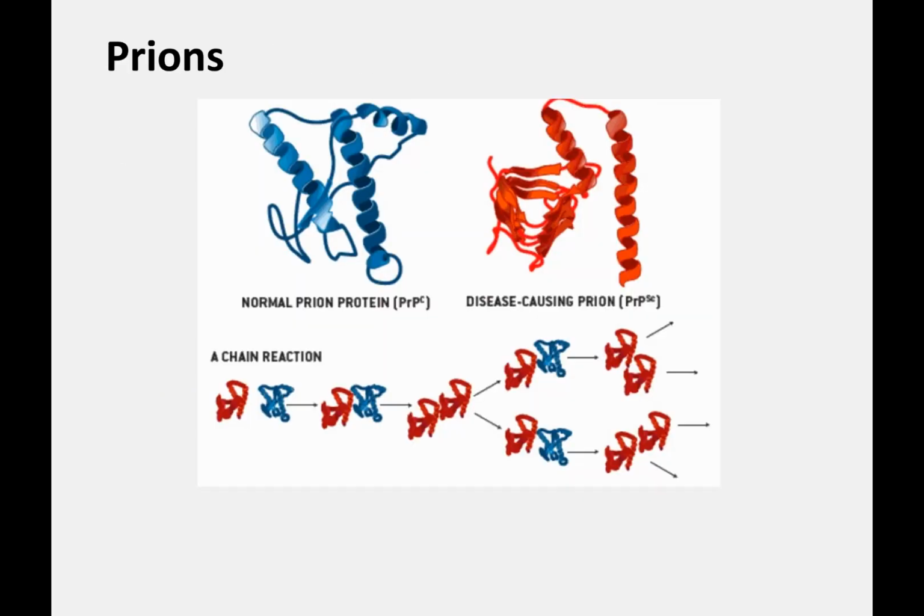And then what definitely is not a virus, but is an infectious unit, are prions. Prions are infectious proteins. You might have heard of mad cow disease, or bovine spongiform encephalopathy, BSE. These are caused by a protein that misfolds.